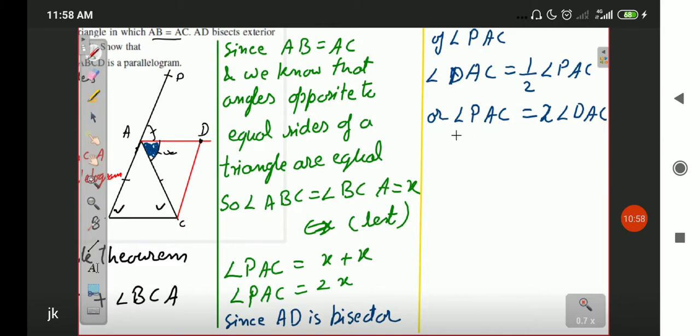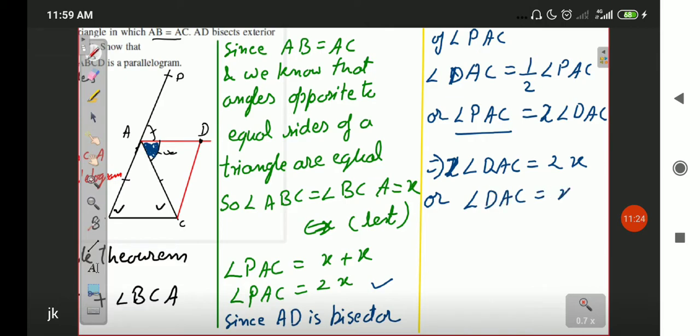So by comparing these two equations, here we have the value of angle PAC as 2x and here we have the value of angle PAC as twice angle DAC. Since the value of angle PAC is constant throughout, twice angle DAC should be equal to 2x, or angle DAC should be equal to x, and what we let x be was angle BCA.